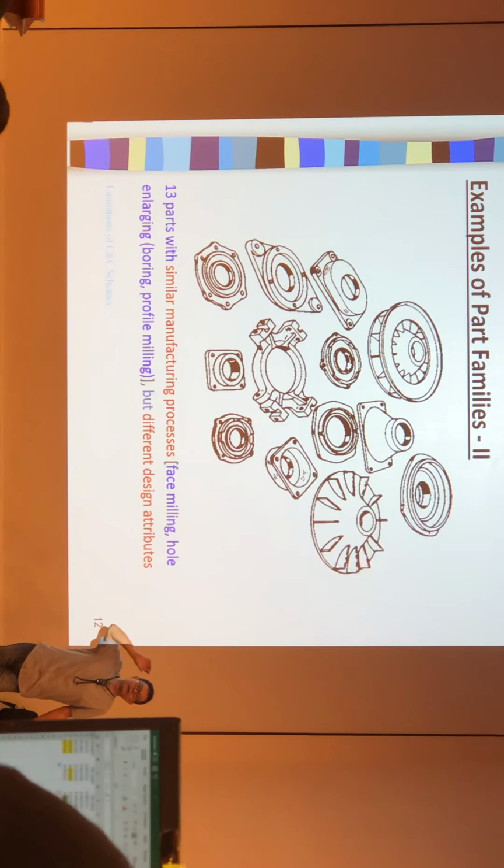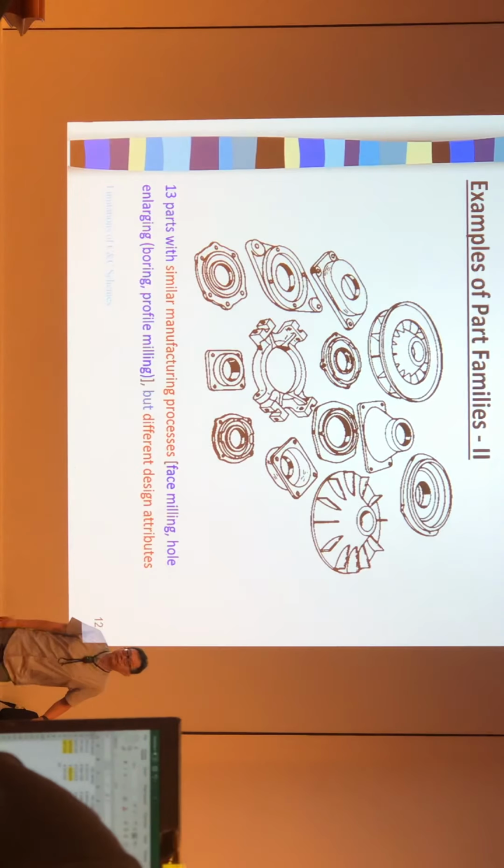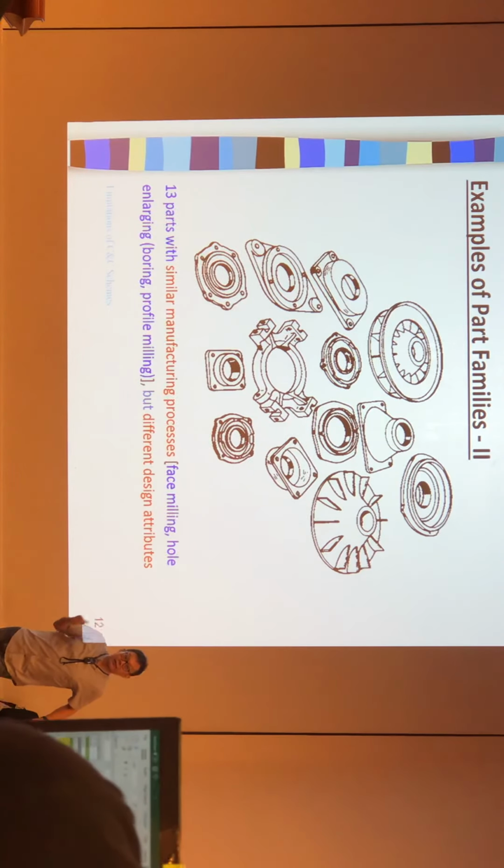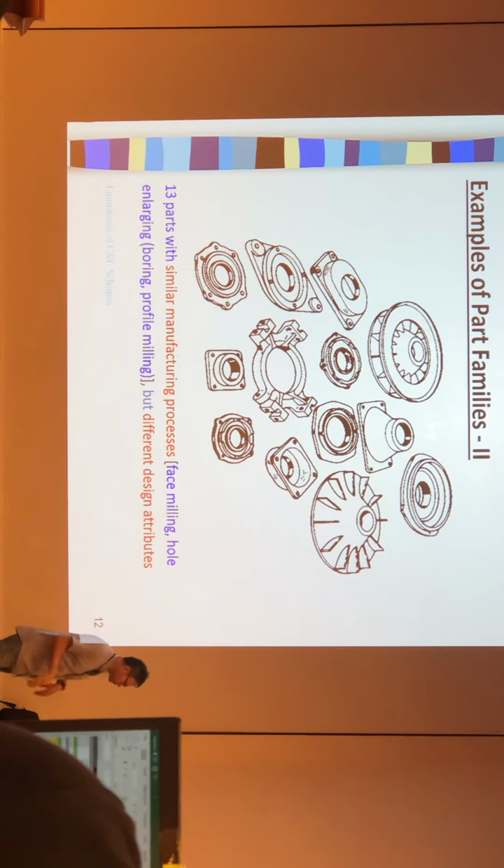It really depends on what attributes you want for the similarity. If you're talking about design attributes, these are not part of the same family, but based on manufacturing attributes, yes. For the first two components, based on design attributes, yes; based on manufacturing attributes, no. So we need to be aware of this.